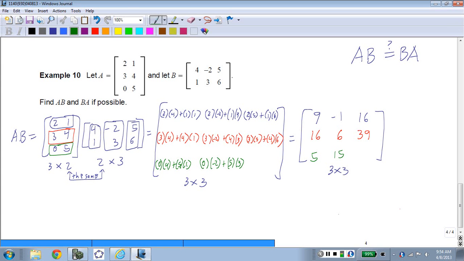And for the last one, 0 times 5 plus 5 times 6 equals 30. So that 0 entry means that we're basically just taking the 5 and multiplying it by the entries in row 2 of the matrix on the right. And that is the product matrix. That's what we get.